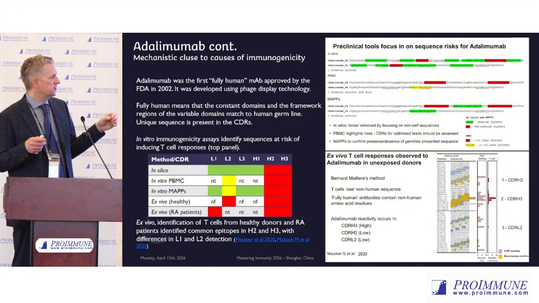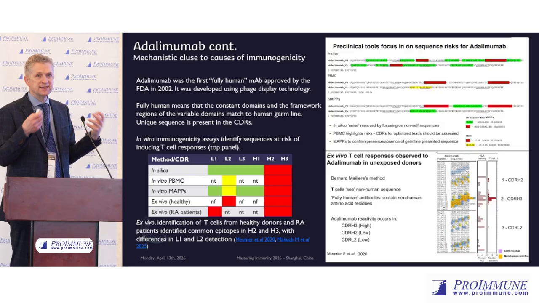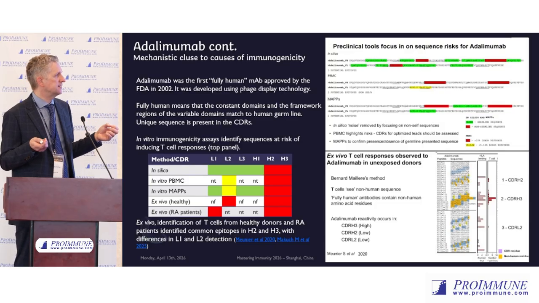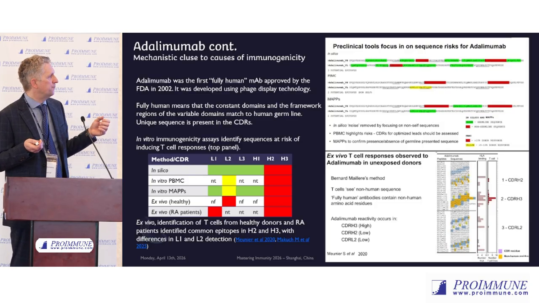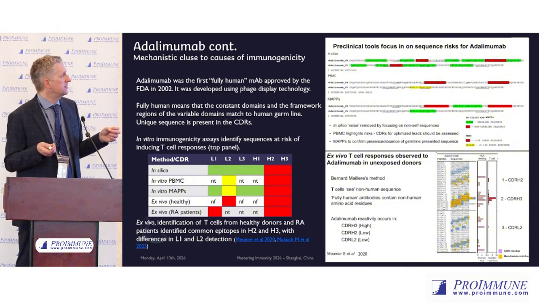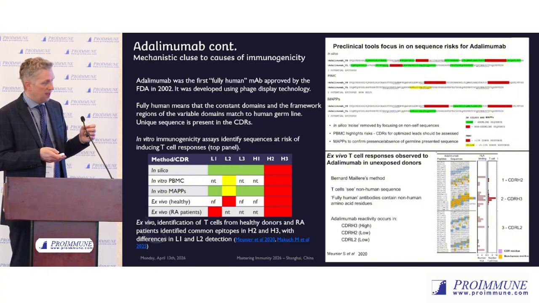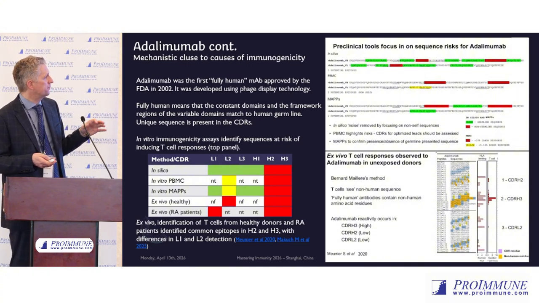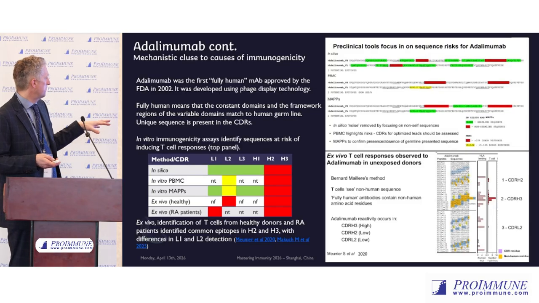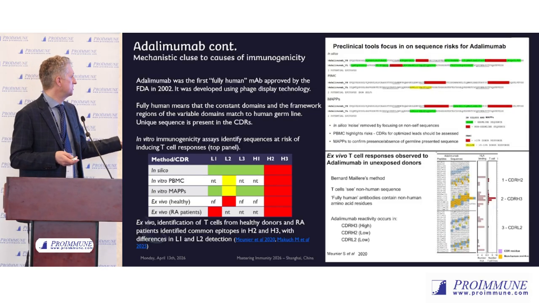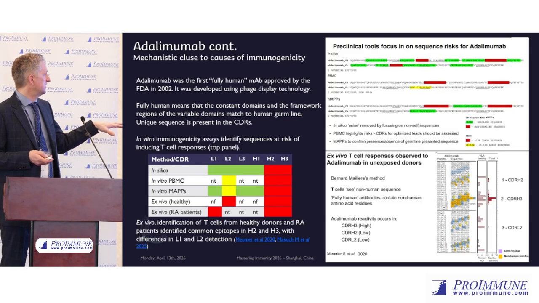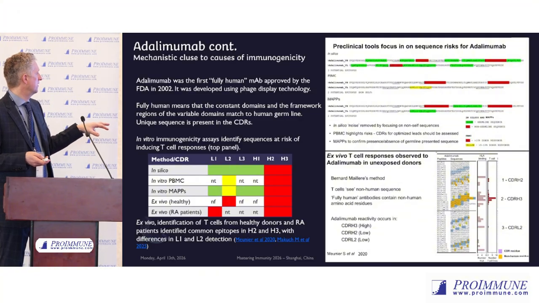And this was followed up with a publication at the bottom where they actually generated T cells that would recognize these specific peptides. And there's a reasonable degree of concordance in there. It turns out that also in patients, there was a publication last year that highlighted a similar profile.